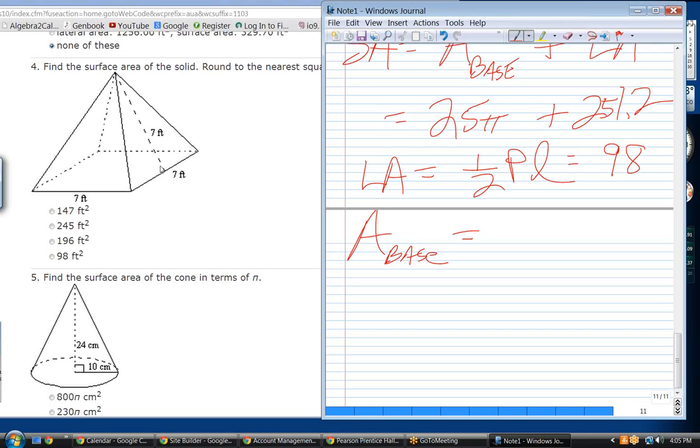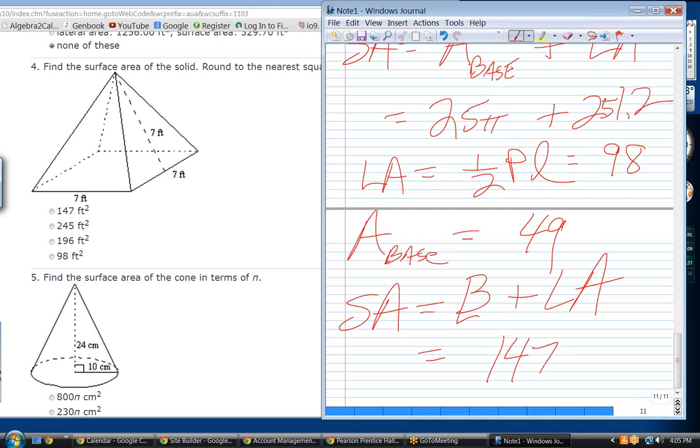Oh, I'm sorry, 49. So the total surface area, the base plus the lateral, is 49 plus 98, which would be 147. In this problem they did ask for the total surface area, so we want the 147 answer. All right.